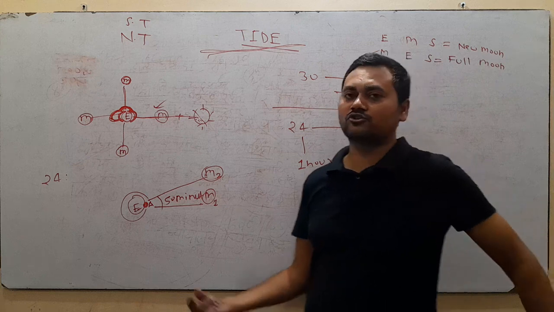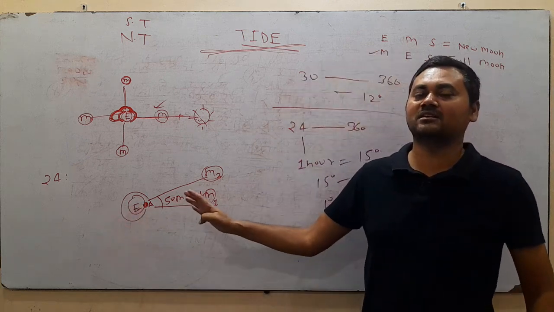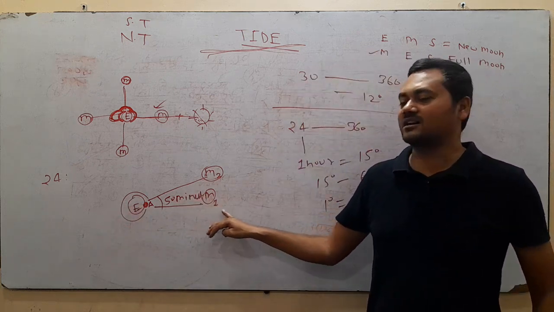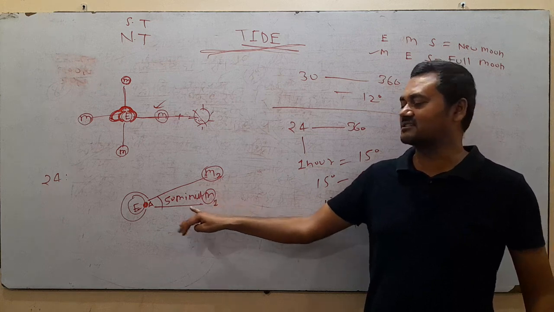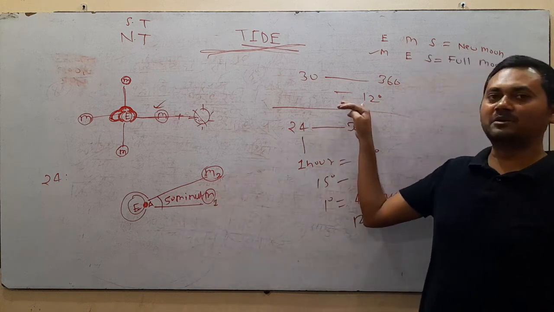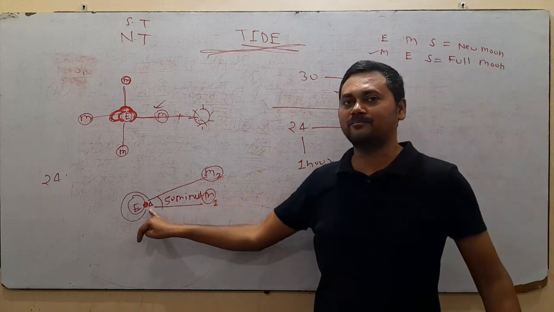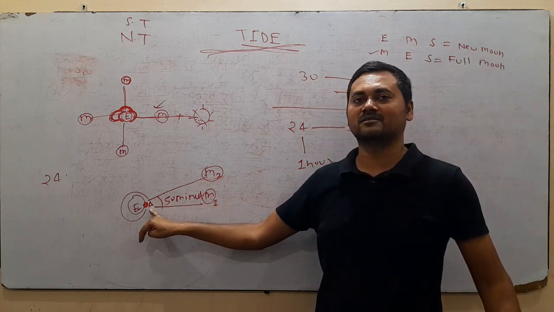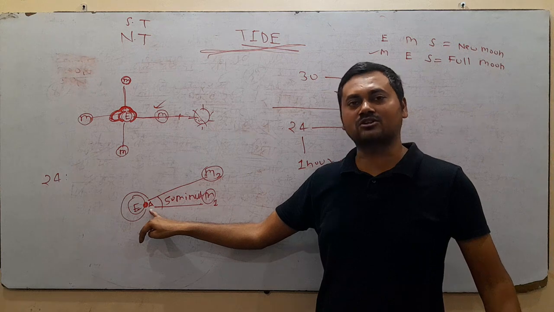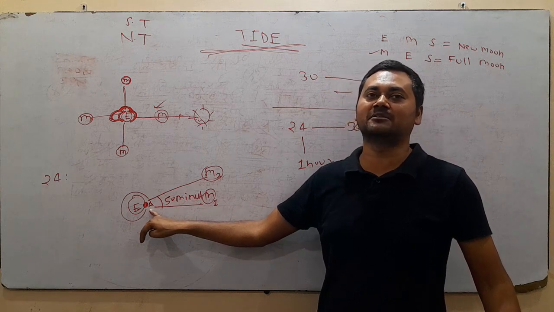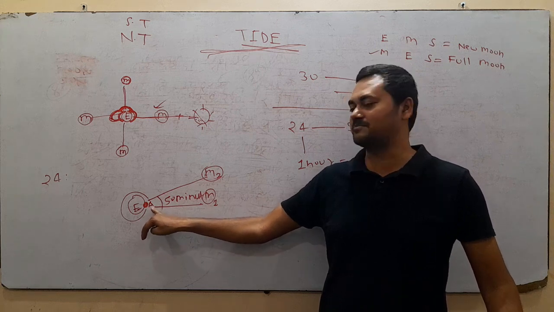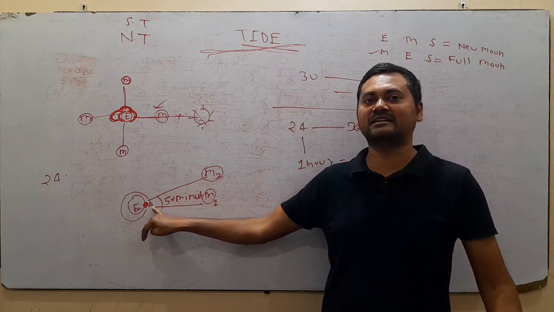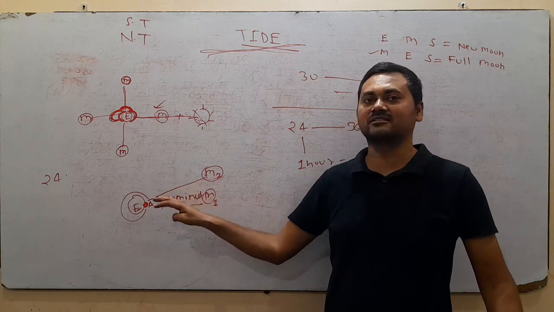The main thing you need to keep in mind is that in 24 hours, as the moon is not stationary, it also covers some distance, and that distance is 12 degrees. Therefore place A also has to cover the 12 degrees, then only this place can come exactly under the sun.